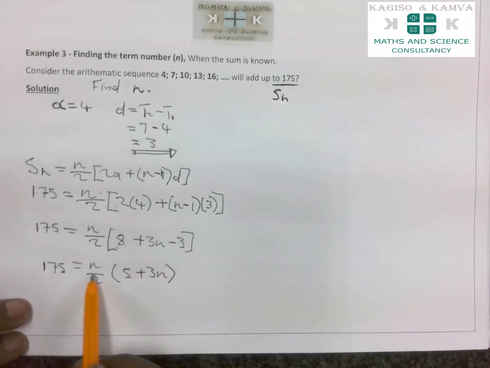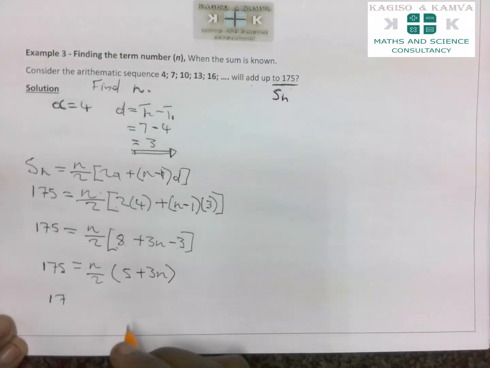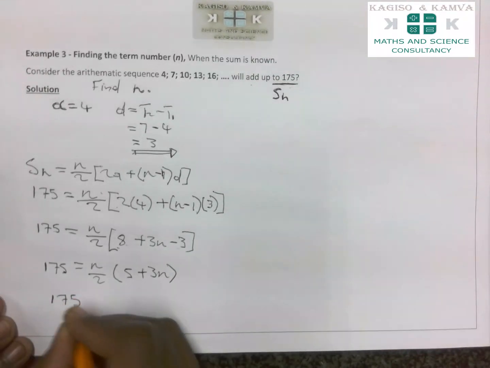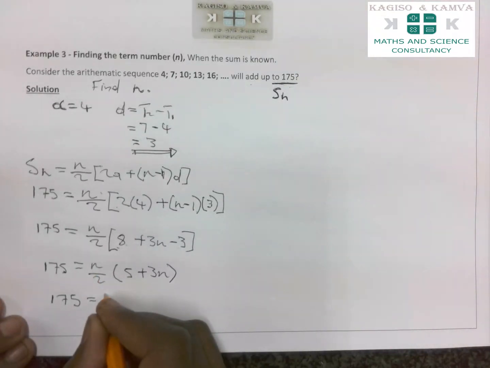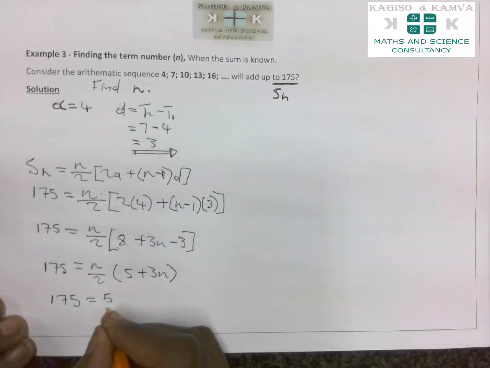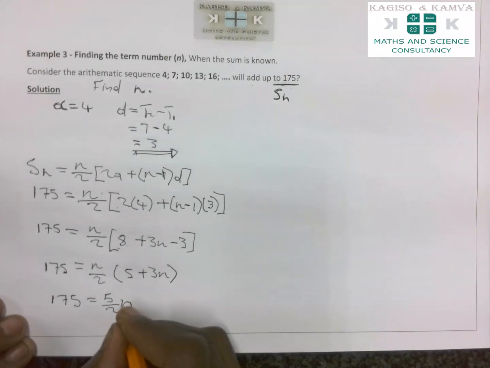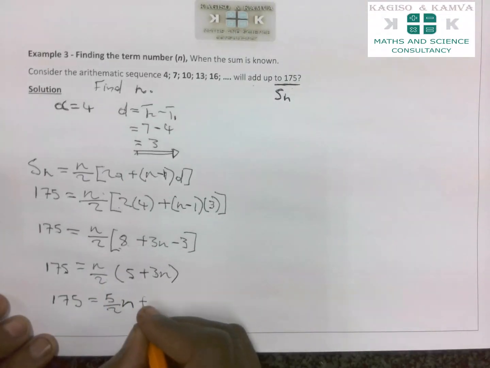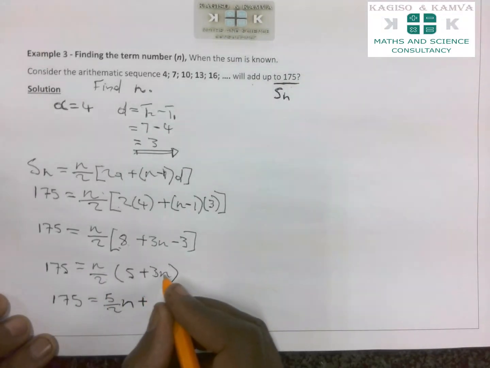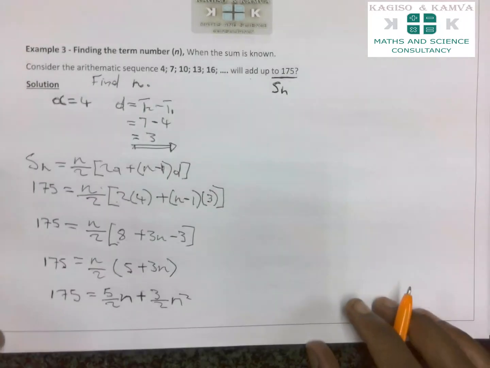Okay, and then we work this one out. We still have 175, which is equal to 5 over 2 n. When we multiply the 2 and then multiply this, that will be plus this times that, that will be 3 over 2 n squared.